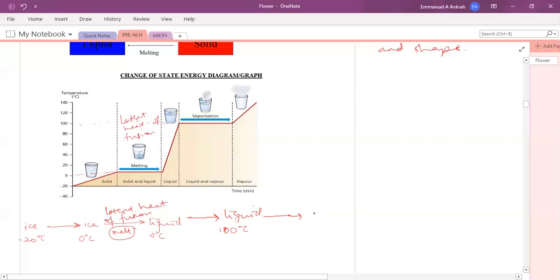So it goes to a gas phase or vapor. But you're going to realize that the temperature doesn't increase at that point. It stays at 100 degrees Celsius for some time, even though you put in more heat. What is happening here?